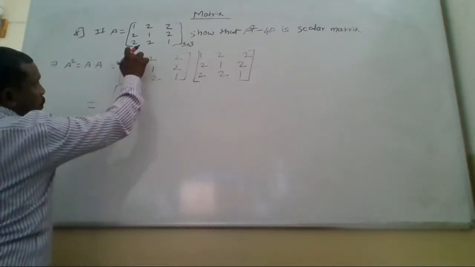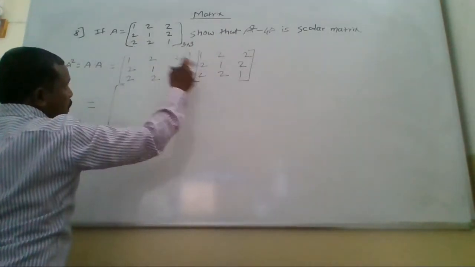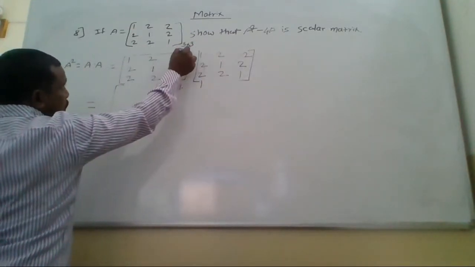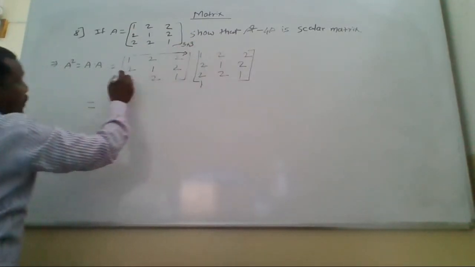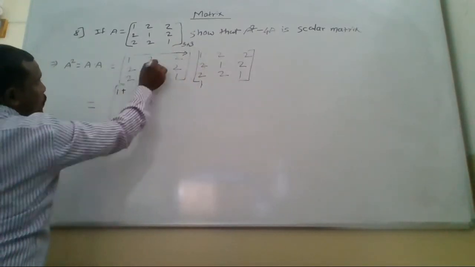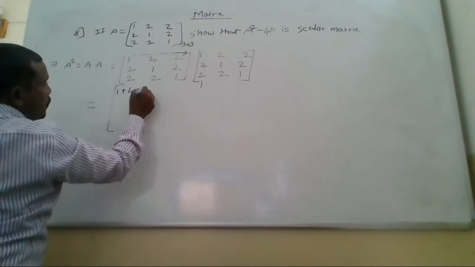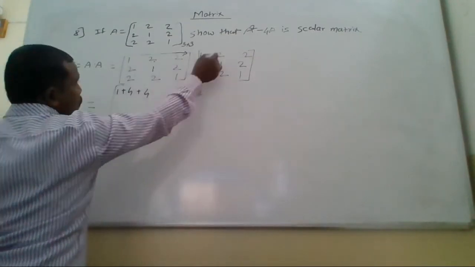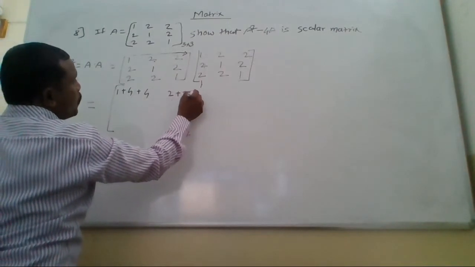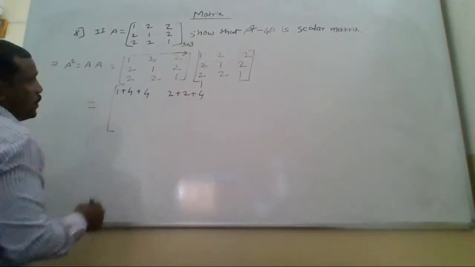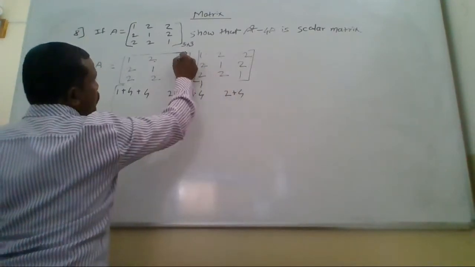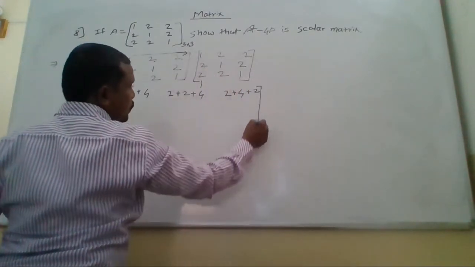For multiplication, we do row versus column multiplication. First row and first column multiplication: first row with first column, so 1 into 1 is 1, plus 2 into 2 is 4, plus 4. First row, second column: 2 plus 2 plus 4, and first row, third column: 2 plus 4 plus 2.